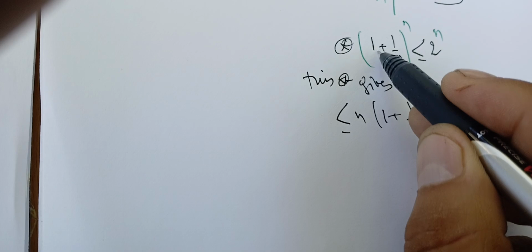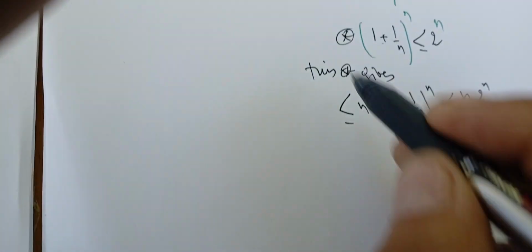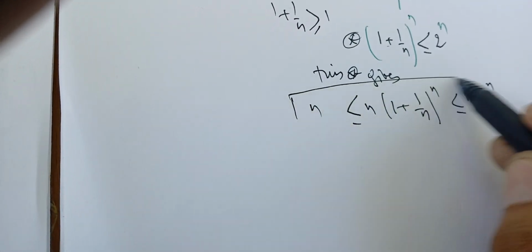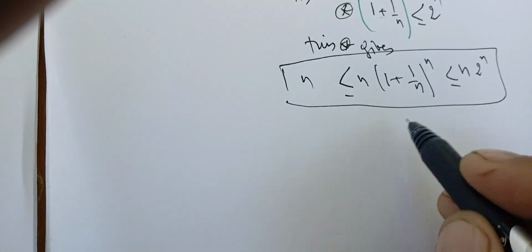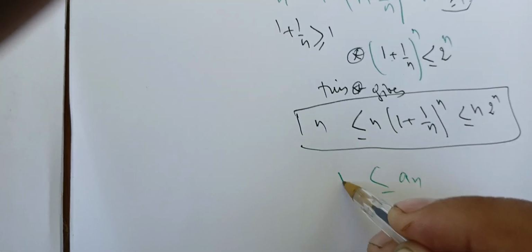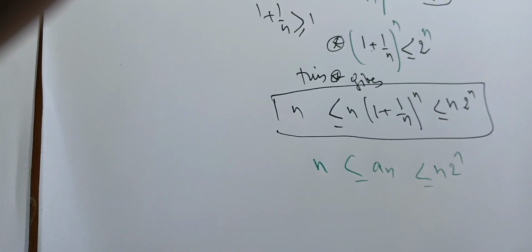And since 1 plus 1 over n is always bigger than 1, it's bigger than n. So now I have my sequence a_n between these two: between n and n times 2 to the power n.